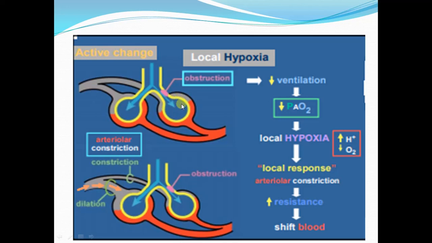Decreased ventilation of the alveolus will cause a decrease in the partial pressure of oxygen here, and due to this decreased partial pressure of oxygen in the alveolus, what will be the response? The response of the vasculature will be vasoconstriction. There will be constriction of the blood vessels, so that the blood flow to this area is decreased. Instead, more blood will go to the other areas which are receiving better ventilation, so that there is adequate oxygenation of the blood.